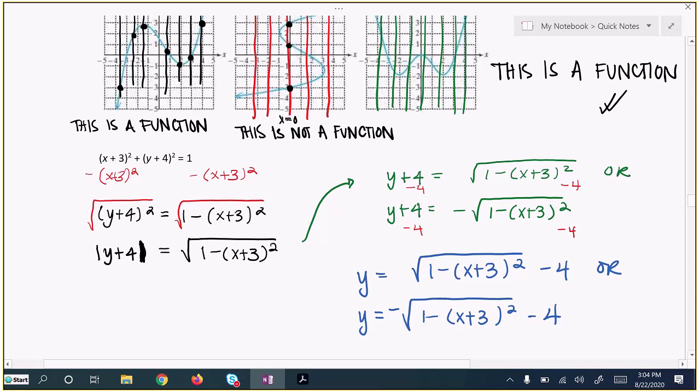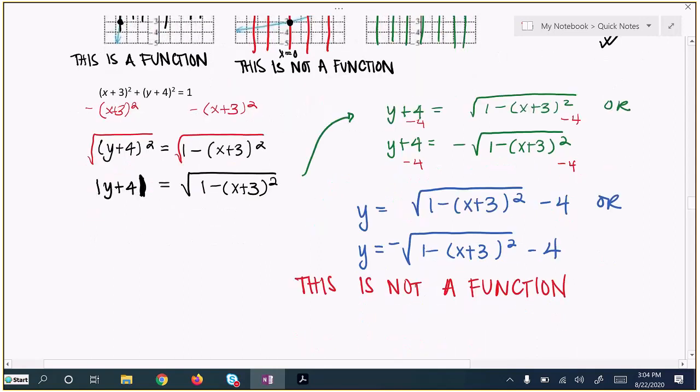And that's two different values for y for any one x that I plug in. So this is not a function. It does define a relation because we could write down the set of ordered pairs, but it is not a special type of relation called a function.